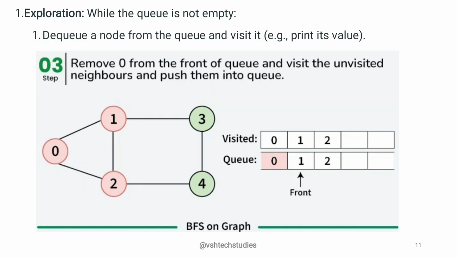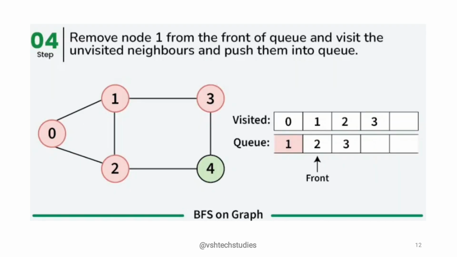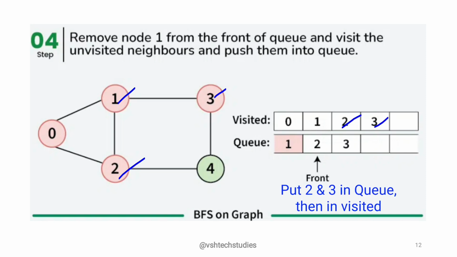So 1 and 2, the neighboring nodes of 0, are put in the queue and 0 is taken out of the queue. Then 1 is made the front, meaning the neighboring nodes of 1 are to be found next, and here 1 and 2 are marked as visited. 0 was already marked. For 1, 2 and 3 are the neighboring nodes. So 2 and 3 are marked as visited, and once consideration is over, 1 is put out of the queue.